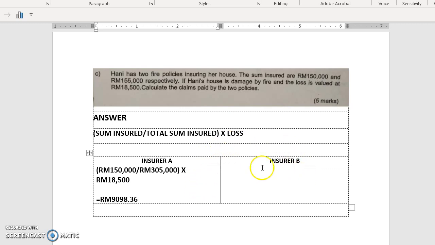For insurer B, I think you can do it on your own, because I already explained the formula for two insurance policies. Remember that for two insurance policies you use sum insured divided by total sum insured times the amount of loss.